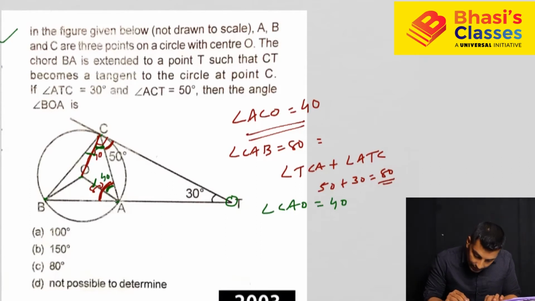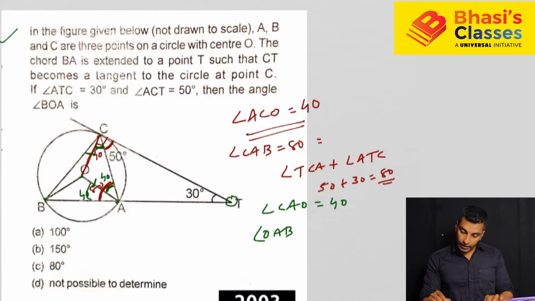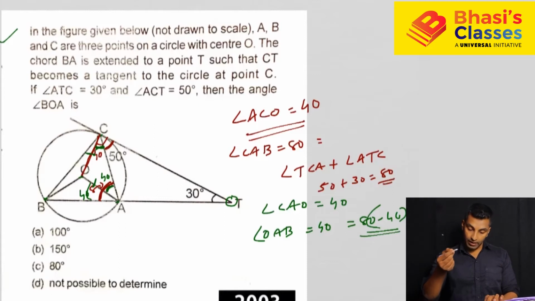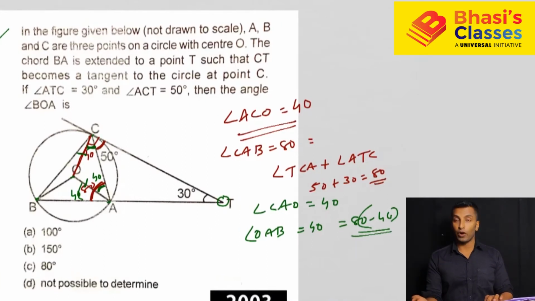So obviously this angle is going to be 40 because the total is 80. So angle OAB is also 40 because 80 minus 40, right? The total is 80, and we know CAO is 40, so 80 minus 40, we got that as 40. So angle OAB is 40.